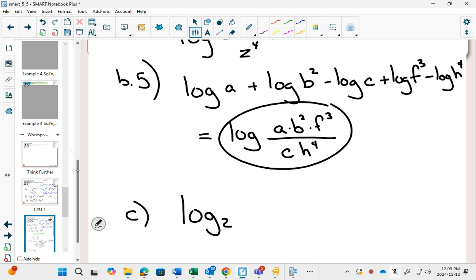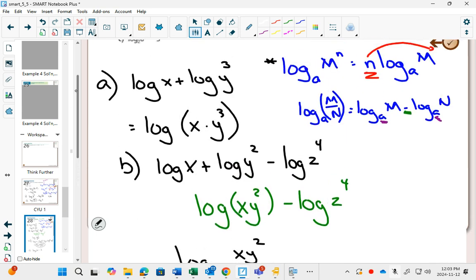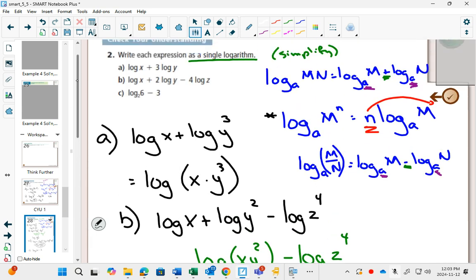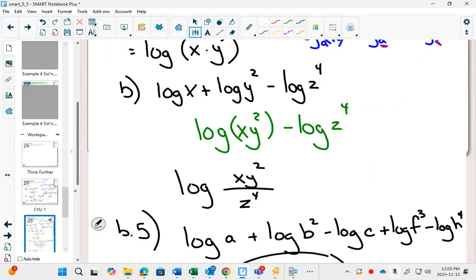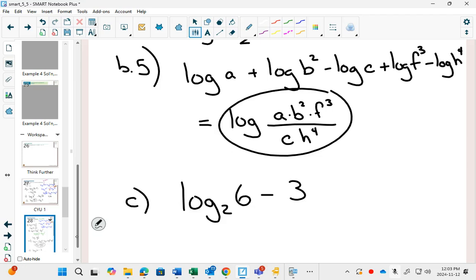Okay, now C. I like this one because it's messed up a little bit. There is no log law whatsoever that just has a number. The only way to combine things is these three log laws. Either a log plus a log, a number in front of a log, or a log minus a log. What do we have? We have a log minus a number, right?